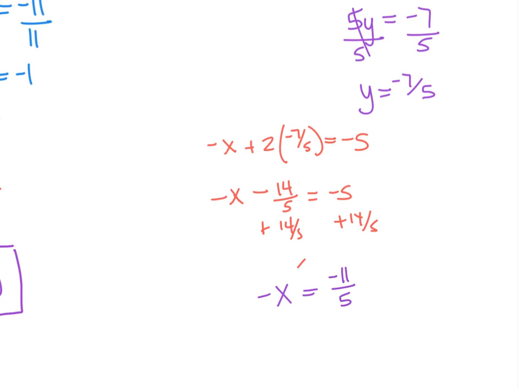You get negative 11/5, and then we have a negative x, so let's just divide by that negative 1. So x is equal to a negative 11/5 divided by negative 1, which is just positive. So yes, we have fractions in our ordered pair for our answer, but that's okay. 11/5 for the x, negative 7/5 for the y.